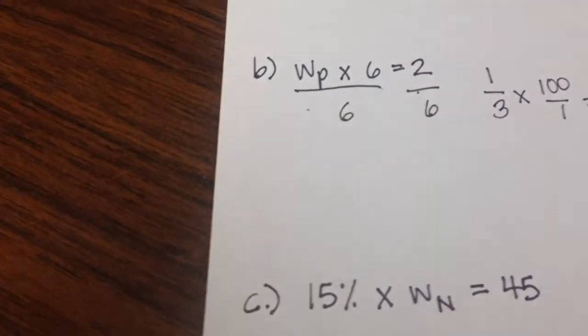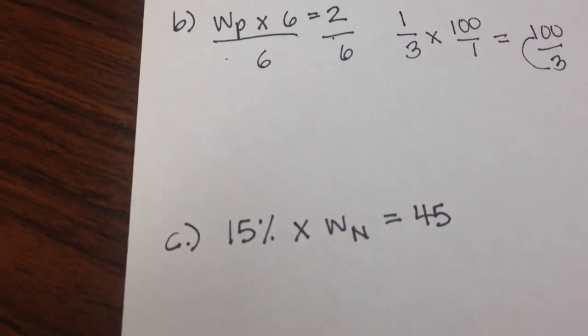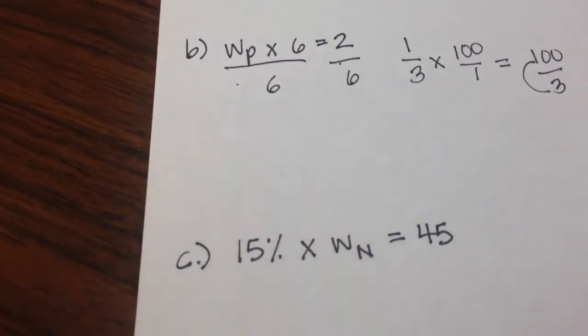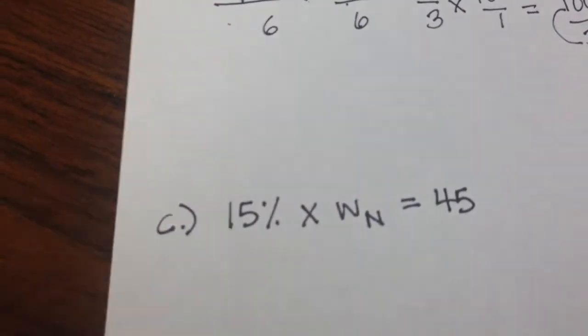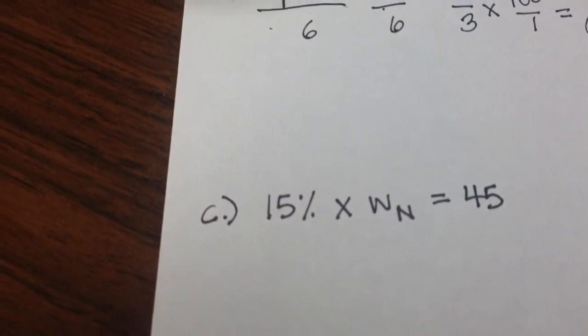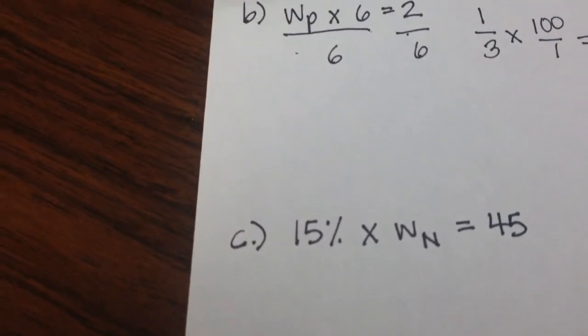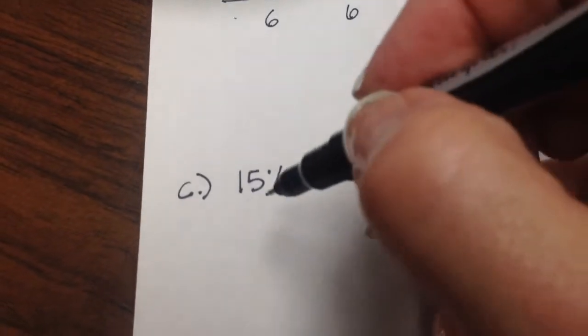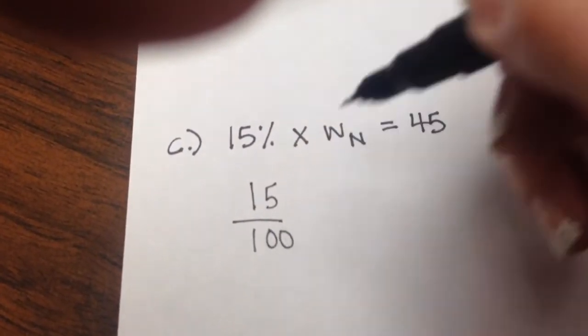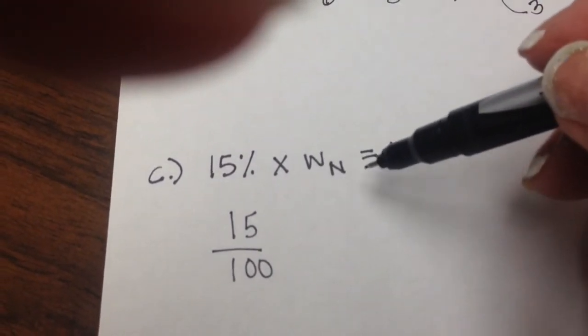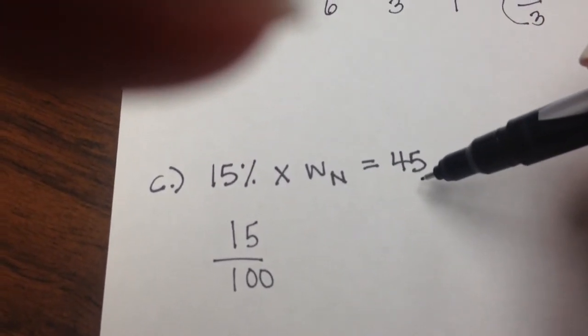Let's do another one. Here they give us the percent. So 15% of what number is 45? All right, so what do I need to do? I'm going to first write 15% as a fraction. So that's 15 over 100 times what number is 45?